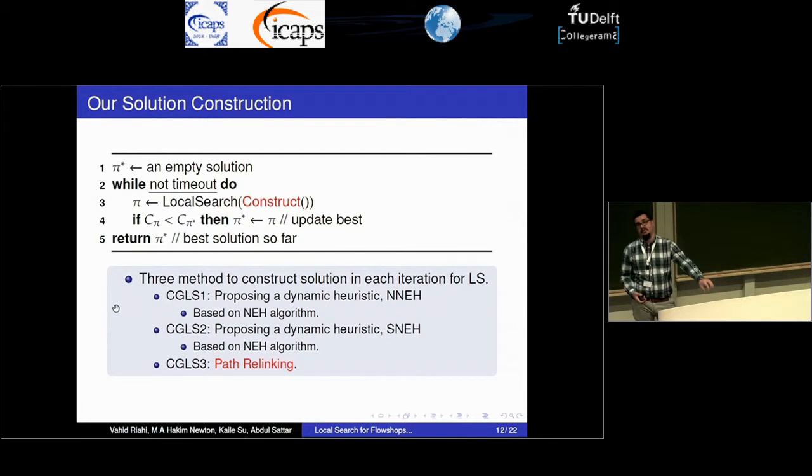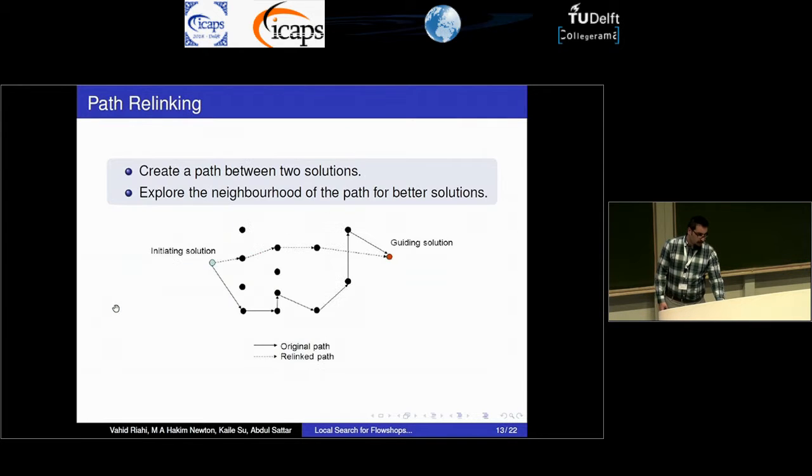But our main version is CGLS 3, in which we use path relinking as the diversification phase. First of all, what is path relinking? As can be seen in the figure, suppose we have a number of different solutions in our search space. In path relinking we have 2 solutions, an initial solution and a guiding or target solution, and we move from the initial solution to the target solution.